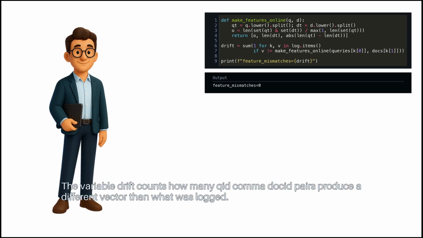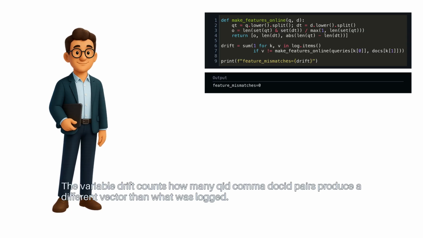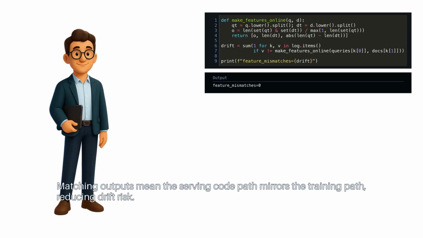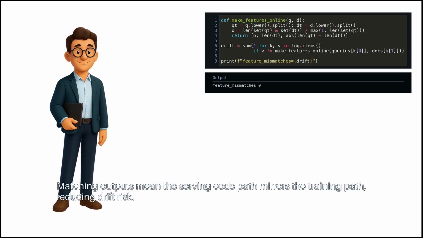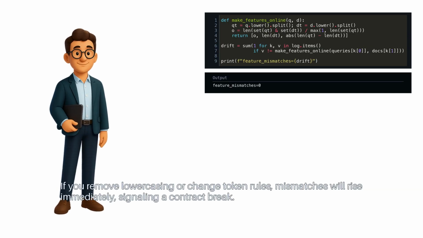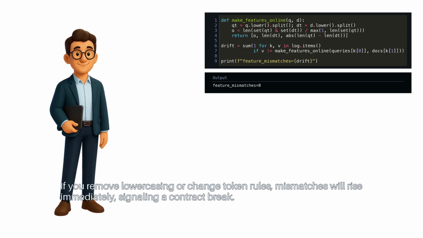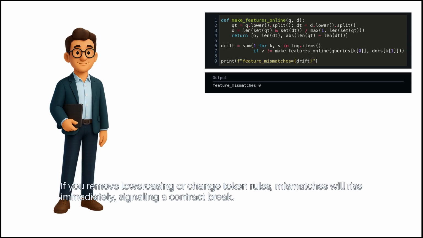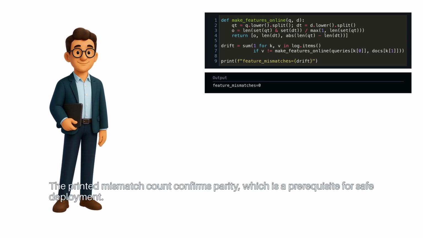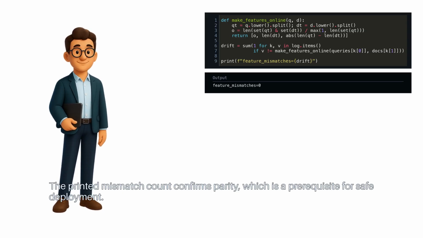The variable drift counts how many QID, docID pairs produce a different vector than what was logged. Matching outputs mean the serving code path mirrors the training path, reducing drift risk. If you remove lowercasing or change token rules, mismatches will rise immediately, signaling a contract break. The printed mismatch count confirms parity, which is a prerequisite for safe deployment.